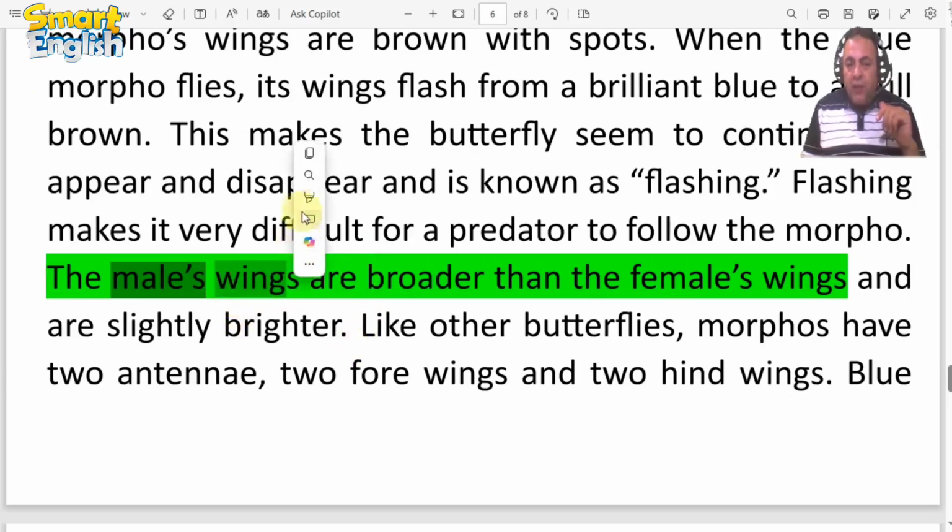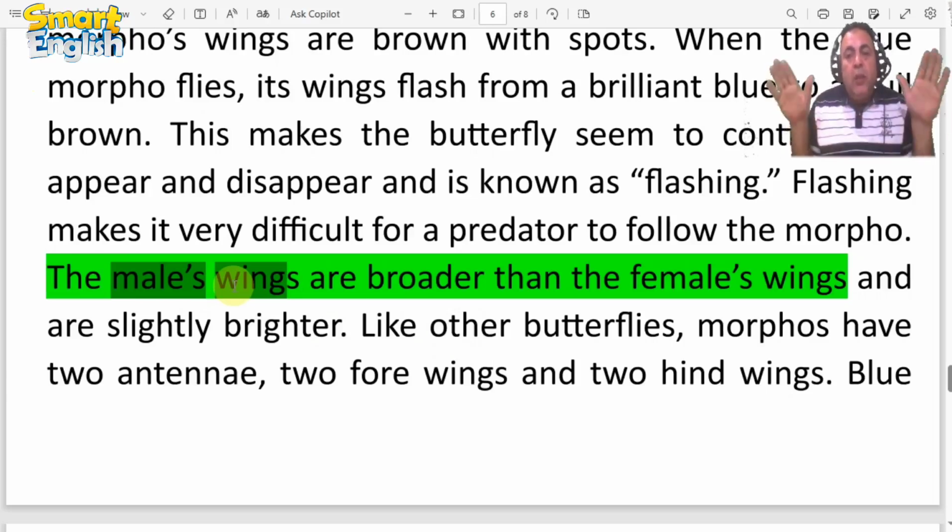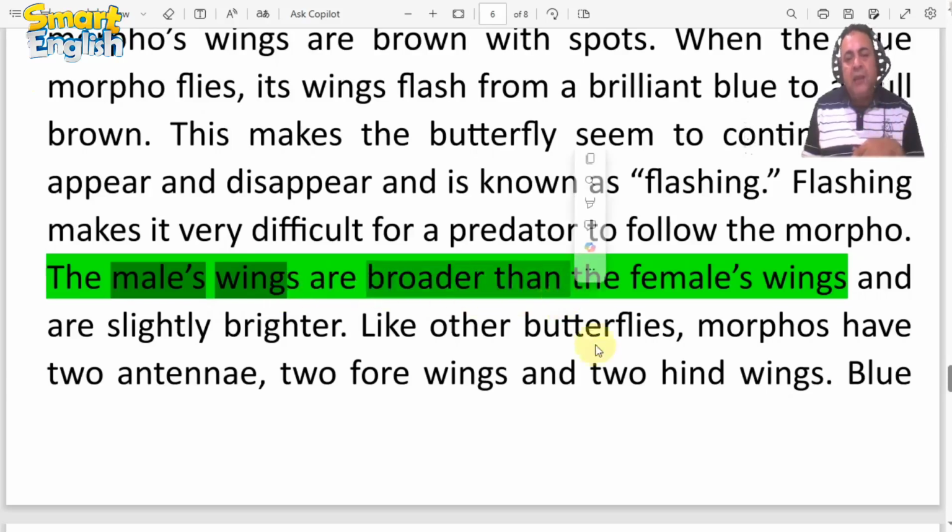You find your certain keywords. Male, not the female. Wings, so this is a description of the wings of the male butterfly. The male wings are broader than, this is the answer. Broader than means wider or larger or bigger than the female's wings, and are slightly brighter. Okay, this is the right answer.